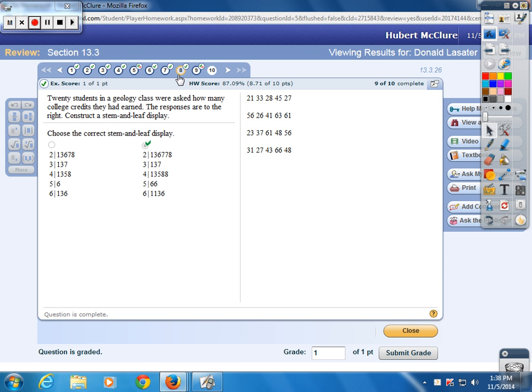Okay, now this is a stem and leaf plot. The stem and leaf looks like this. You have your stem right here, and then you have your leaves over here. You put your base over here.